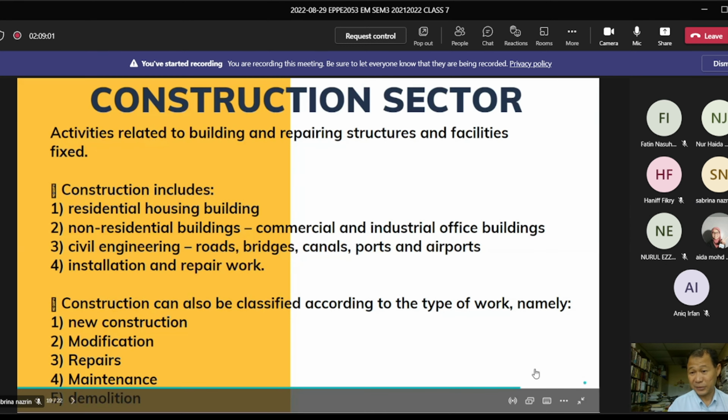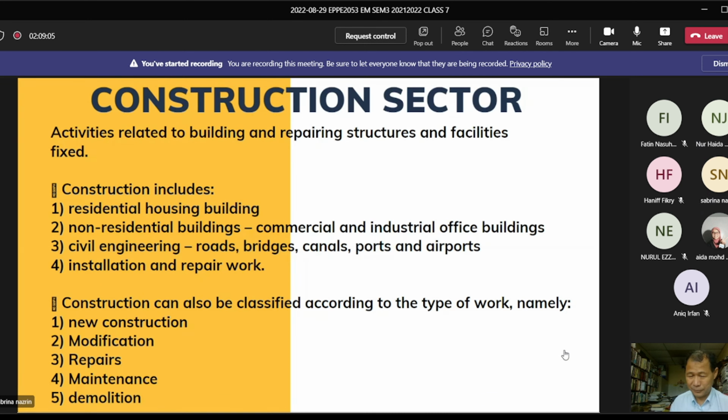Thank you for your question, because there's a part of my lecture that I want to cover. But Sabrina first. Japan's role in Malaysia's industrialization: in the 1980s and 1990s, Japan was the biggest investor in Malaysia and the region.